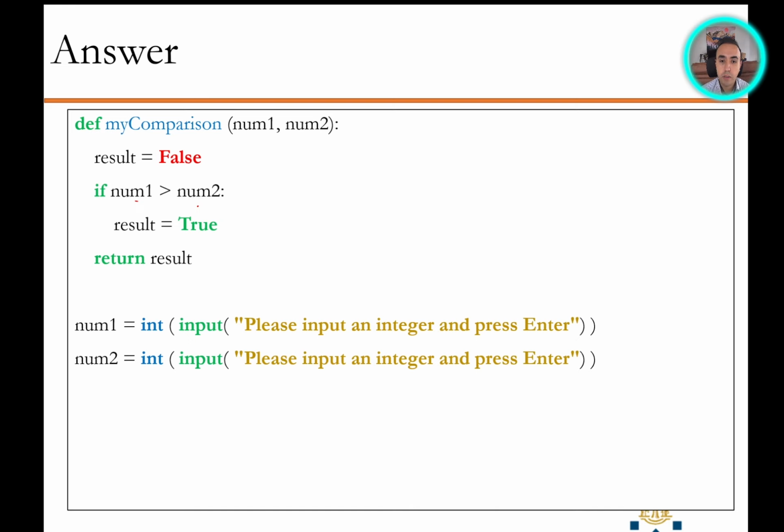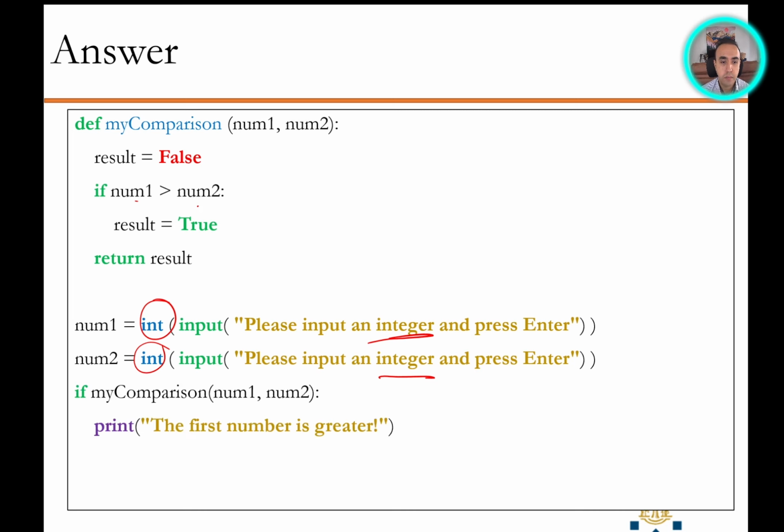And then we inputted two numbers. In this case, I did use float, but you have that flexibility. You can say, please input an integer and then convert it to int right away. I didn't want to do it. And then we have if my_comparison num1 and num2.